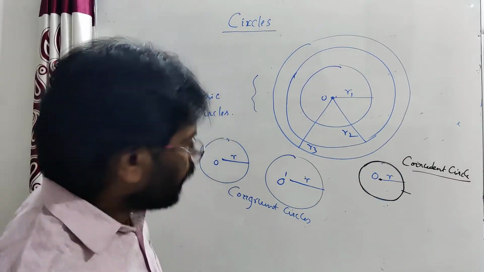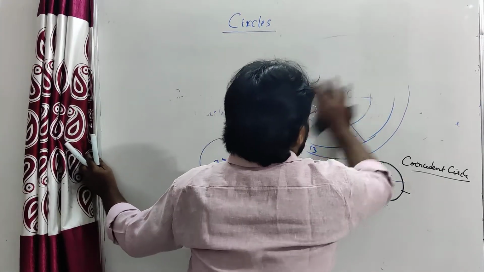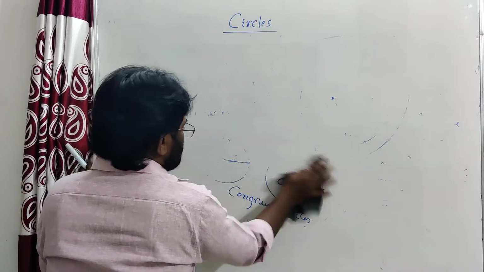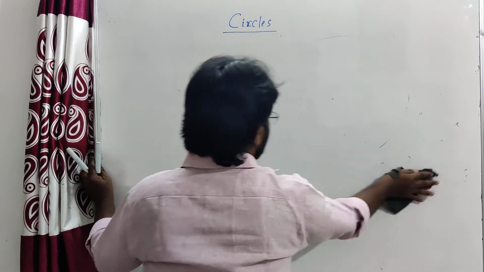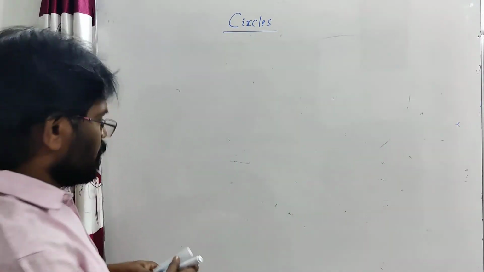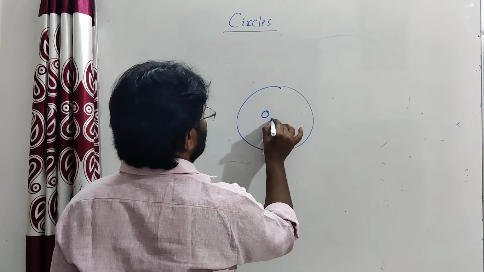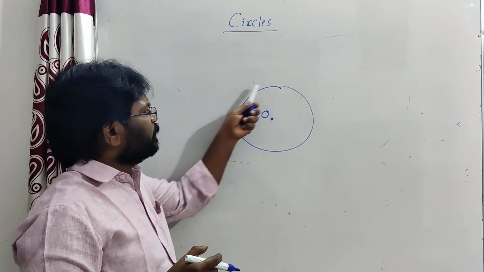See now, parts of circle we are going to discuss. This is a circle. On this circumference, how many points are there?